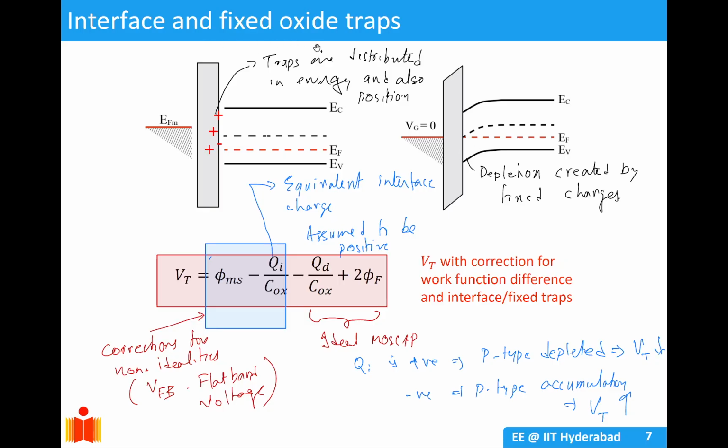So first we talk about fixed oxide charges. These charges are inside the oxide and they are distributed all across, and they affect the electric field and the voltage drop across the oxide.